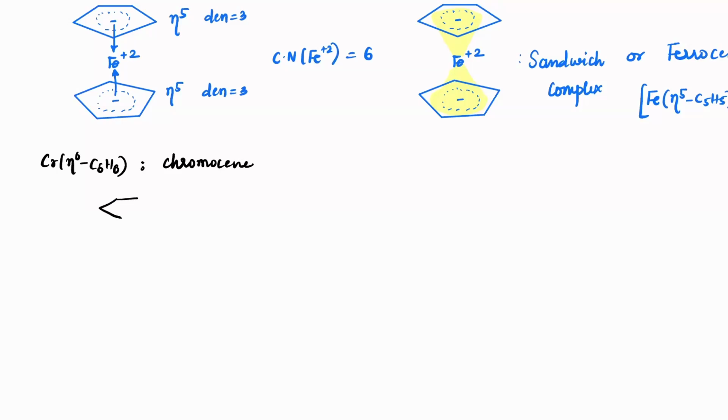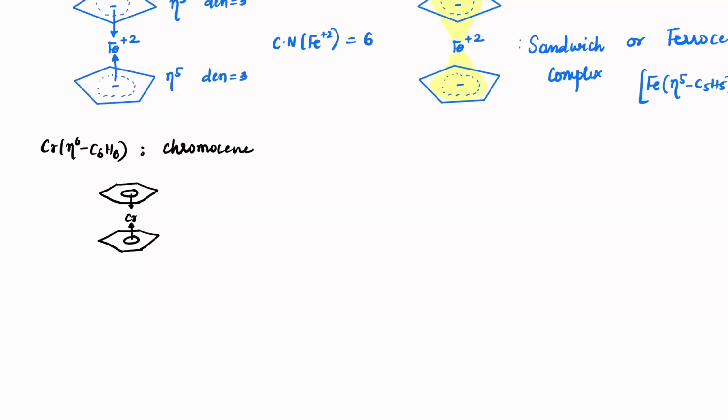These are all sandwich type complexes where the metal has been sandwiched by this entire pair of electrons like this one. So here it is eta power 6, denticity is 3, denticity is 3, and coordination number of chromium is 6.